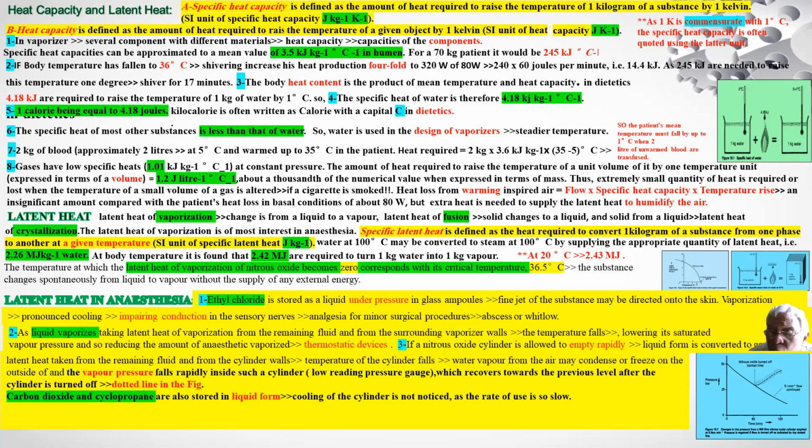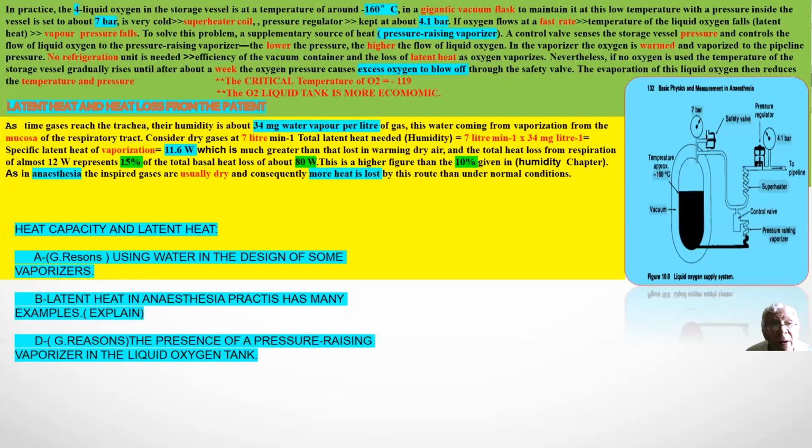Carbon dioxide and cyclopropane, on the other hand, are stored in liquid form. This liquid form is not much affected by cooling, because the rate of taking it off from the cylinder is very slow in comparison to nitrous oxide.